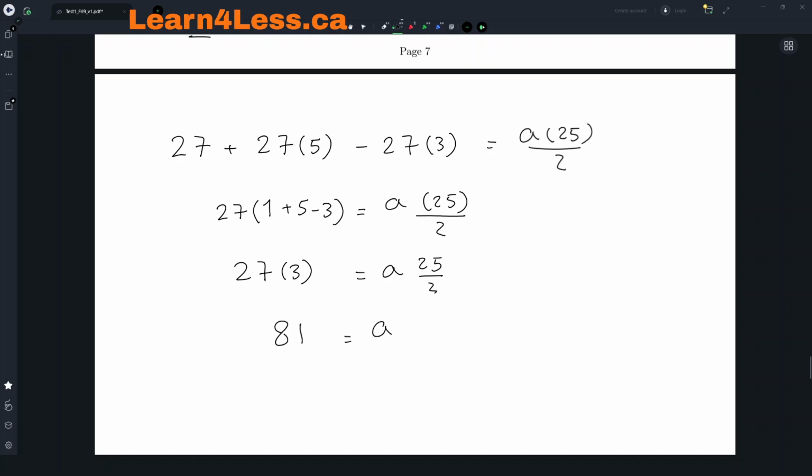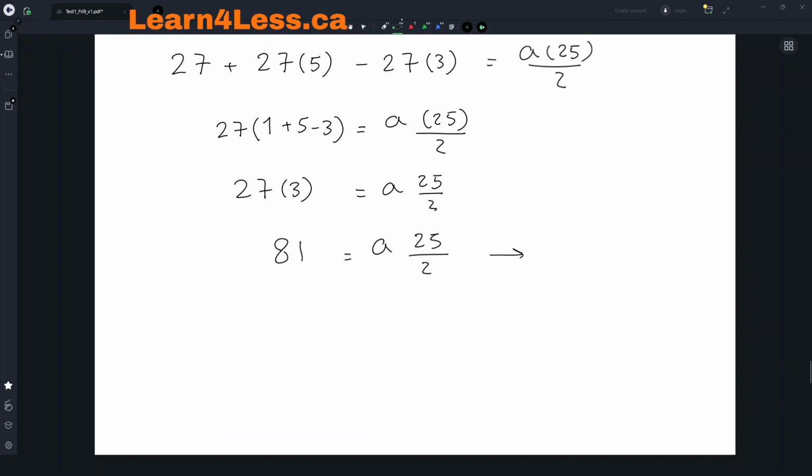And 27 times 3 is just 81. Now I can simply isolate for a. What I do is I multiply both sides by the reciprocal of these, 2 over 5. It helps me to get rid of these parts. So a is equal to 81 times 2 is 162 over 25.